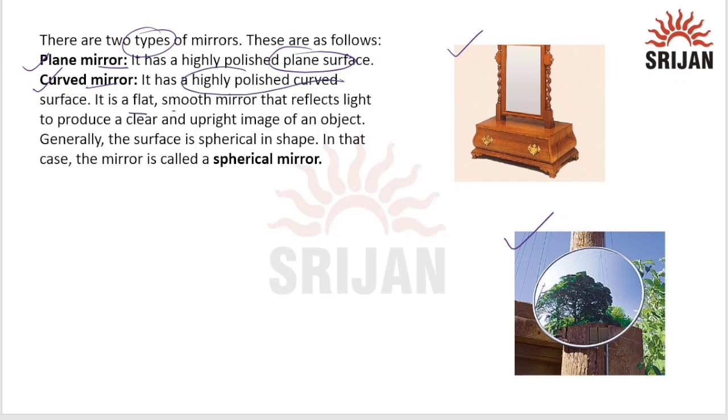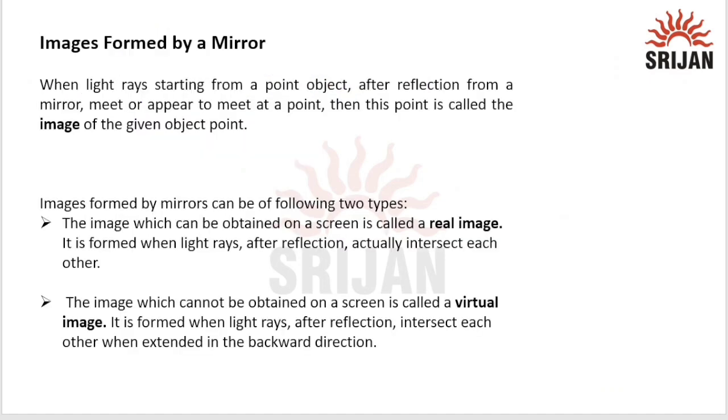It is a flat, smooth mirror that reflects light to produce a clear and upright image of an object. Generally, the surface is spherical in shape. In that case, the mirror is called a spherical mirror. As you can see in this image, this is the shape of a sphere. Hence, it will be known as a curved mirror as well as a spherical mirror.